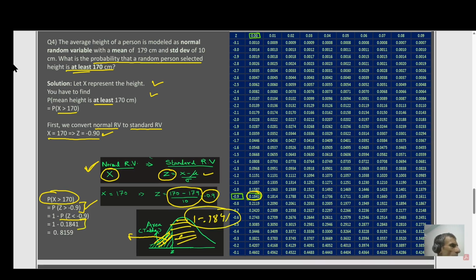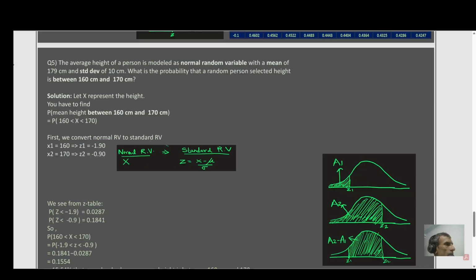I do my calculation and my answer comes out to be 0.8159. That means the probability that a randomly selected person's height is at least 170 centimeters is an 81.59% chance.